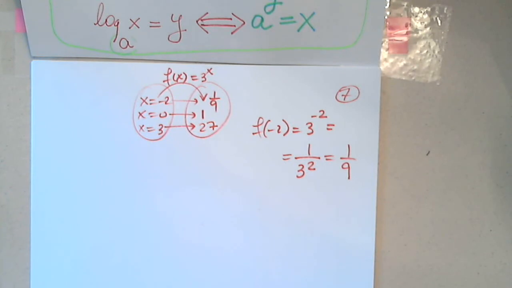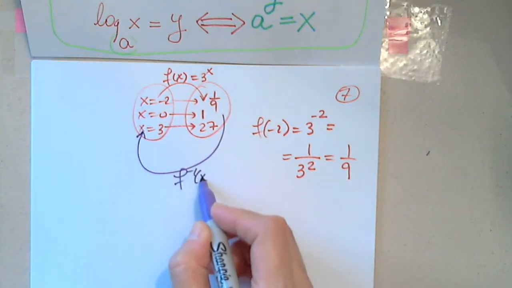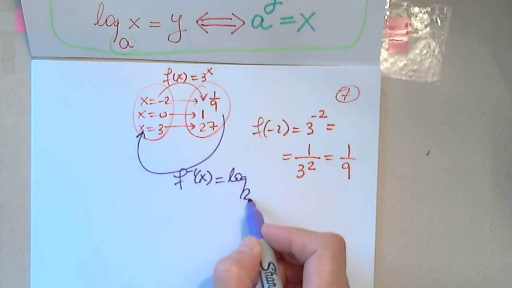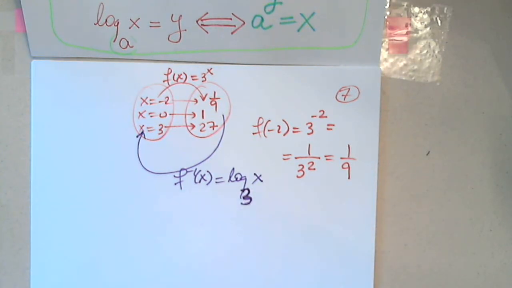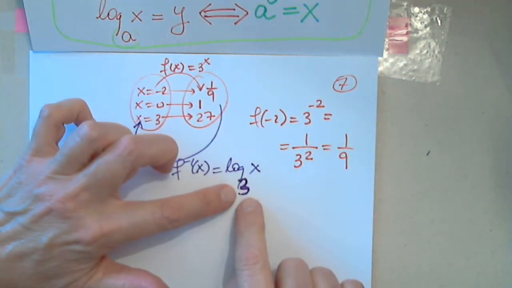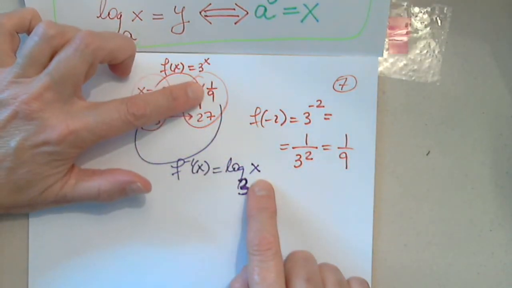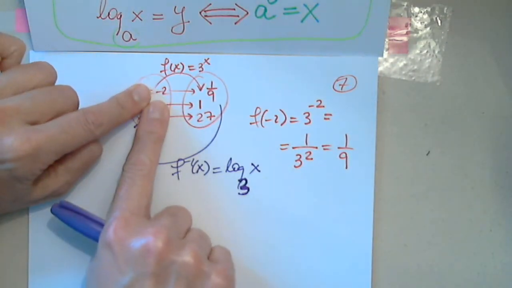And now I told you that the inverse function f inverse is log base 3 of x. Bases have to be the same. Now I need to show you that when we apply log base 3 to 1 over 9, the answer should be -2.